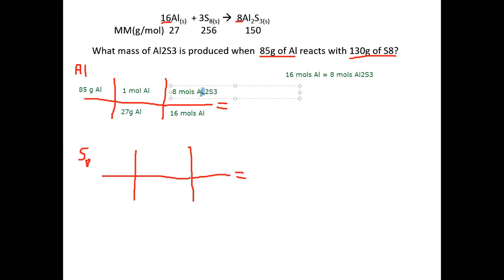And now we're going to do the exact same thing for sulfur. For sulfur, we have 130 grams. Again, we're going to divide by the molar mass to get the moles.